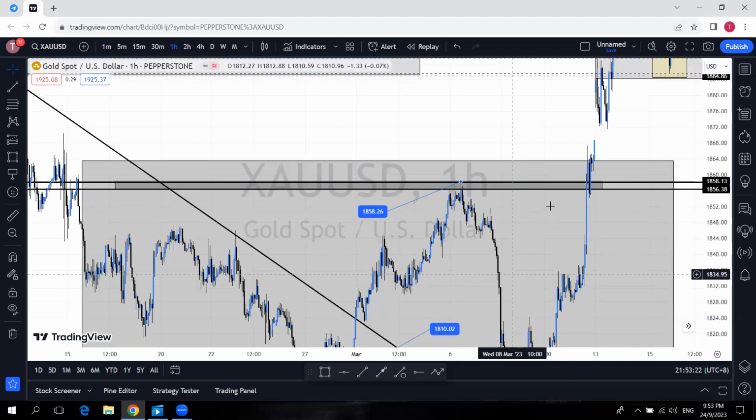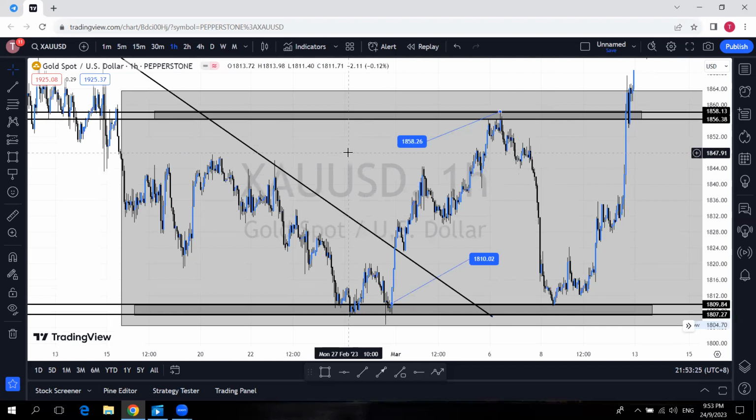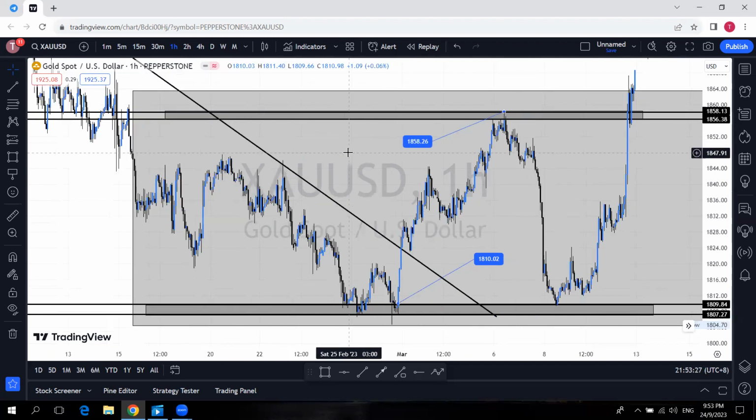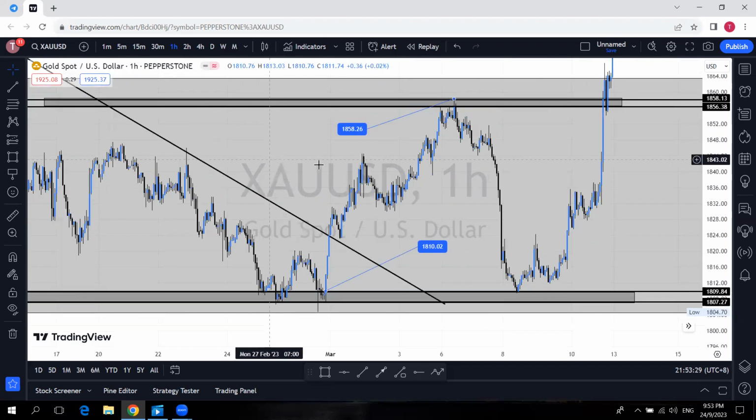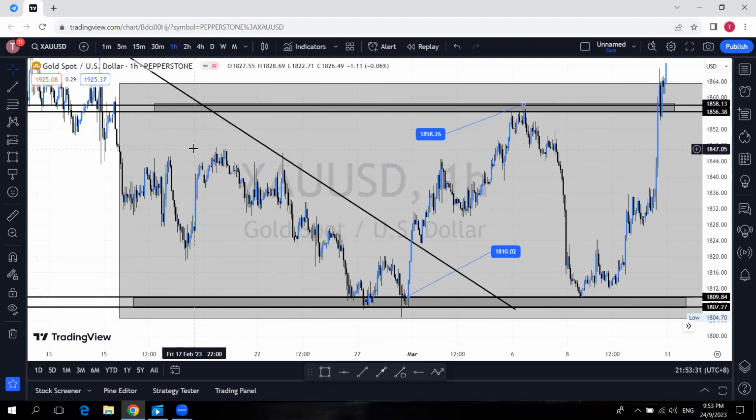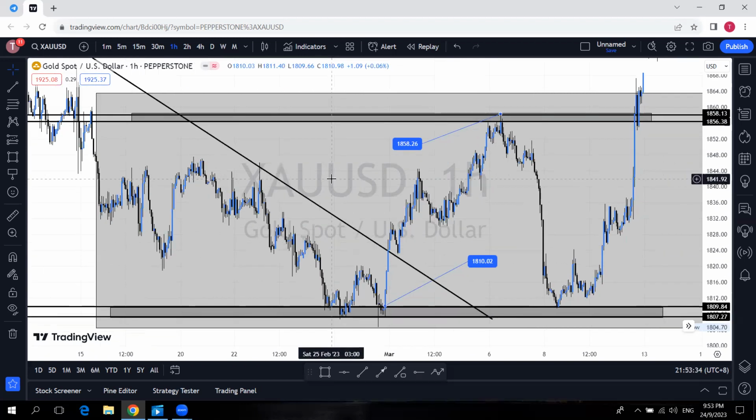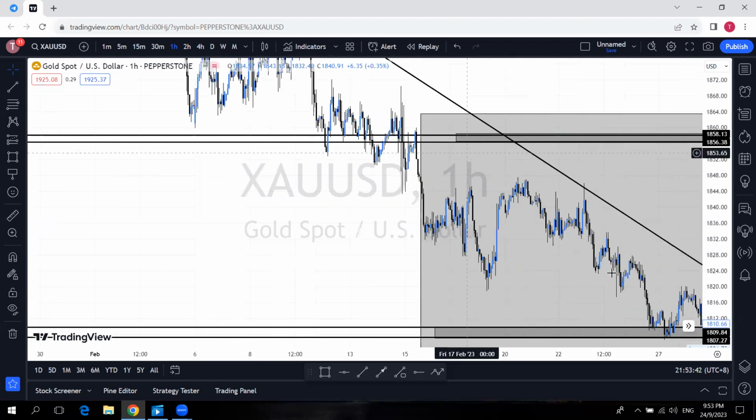Okay, so I'm just going to explain a little bit more about trend line. Trend line is basically something like this. So you can see here that price is moving to the downside, which is a bearish movement. And I've drawn a trend line here to indicate that the current trend for this portion alone is to the downside.